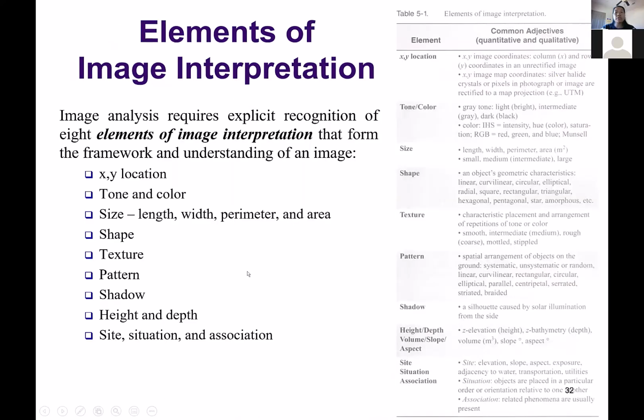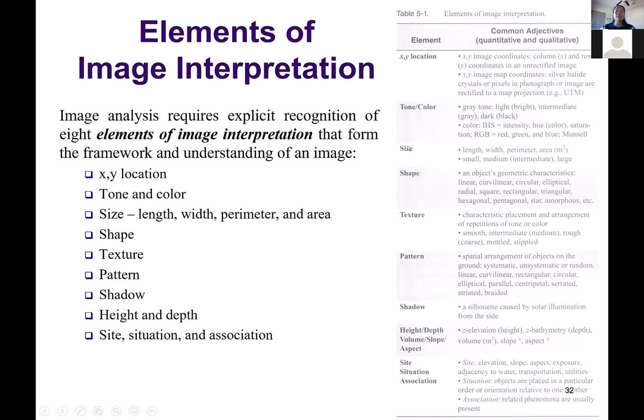Usually when we look at an image, there are certain elements we look at as clues in the image to derive information. These include XY location and tone and color on the image. For example, if you use a near infrared color composite, healthy plants will show red in your image.